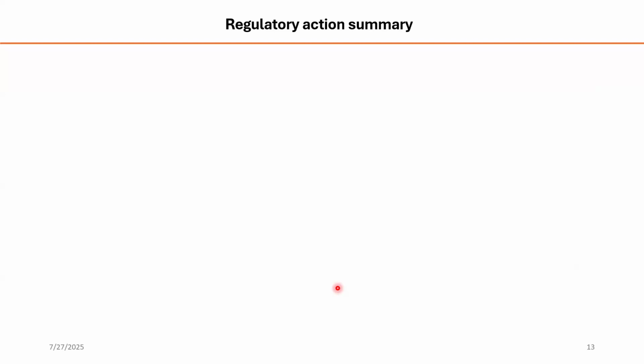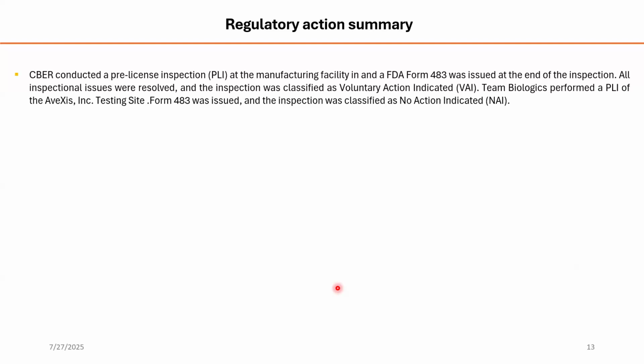So for John sir, what was the regulatory action? CBER, the Center for Biologics Evaluation and Research, conducted a pre-license inspection at the manufacturing facility, and FDA Form 483 was issued.